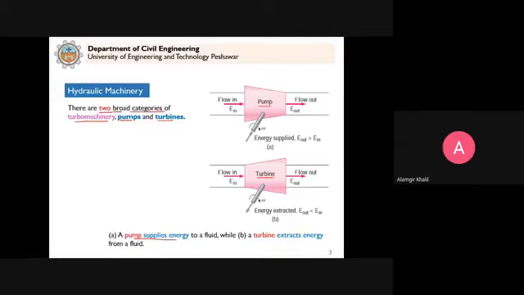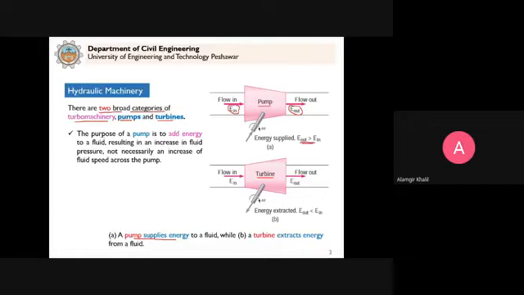We already know that a pump supplies energy to a fluid. So you can see that we have this input energy and the output energy of the moving fluid. Because the pump adds energy, the outflow energy of the fluid is greater than the inflow energy.